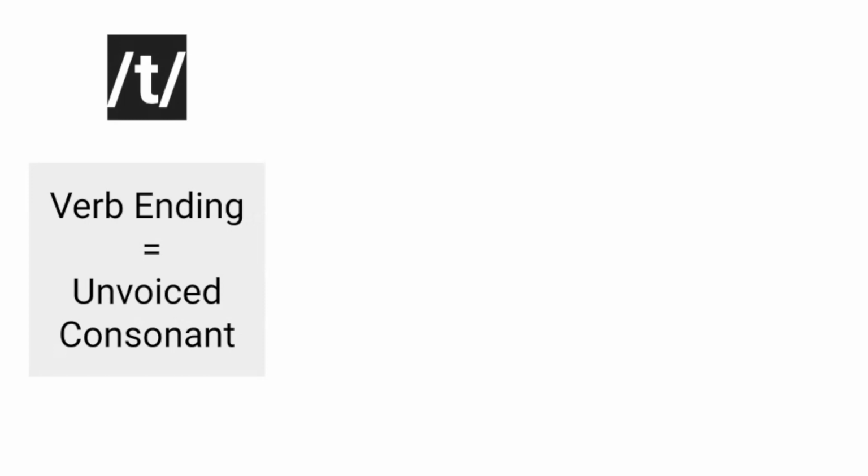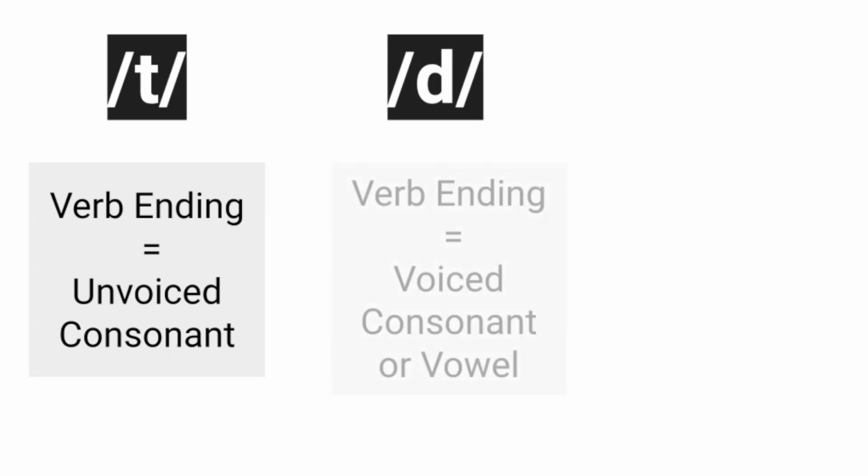So, we've discovered that ed makes three sounds. It makes the t sound when the verb ends with an unvoiced consonant. It makes the d sound when a verb ends in a voiced consonant or a vowel.